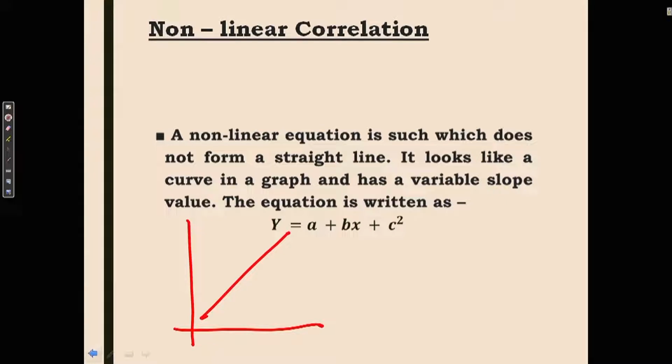But under this, we will find a graph like this. That is positive correlation, because we see that the line is moving in an upward direction.